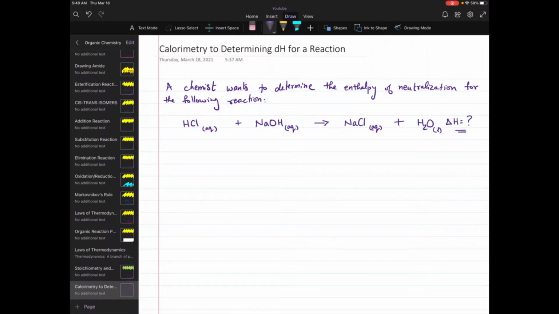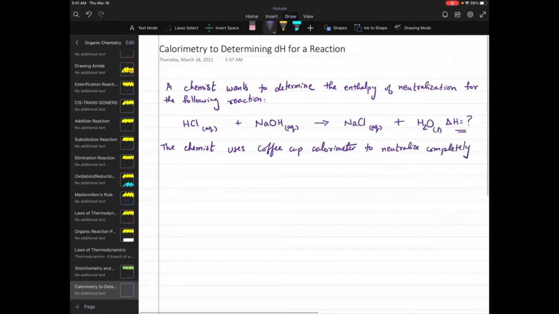So next, the question continues and says the chemist uses a coffee cup calorimeter to neutralize completely 61.1 milliliters of 0.543 moles per liter.